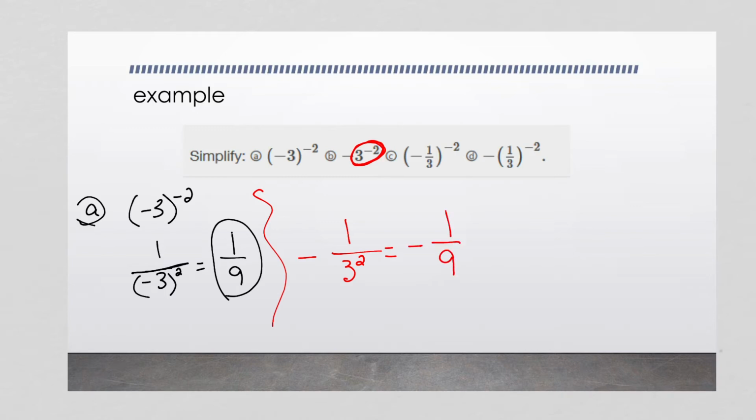Notice how I didn't move this with the 3. When there's no parentheses, the negative is not attached to the 3, okay? It's just telling us that our answer will be negative, okay? So the parentheses make all the difference in the world with negative numbers. Also makes all the difference in the world when our exponent is even.